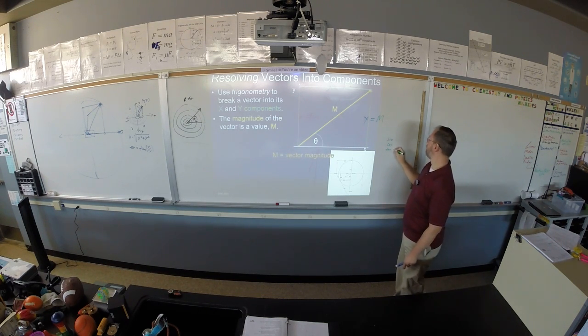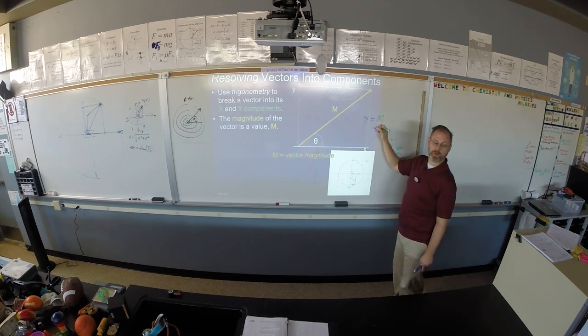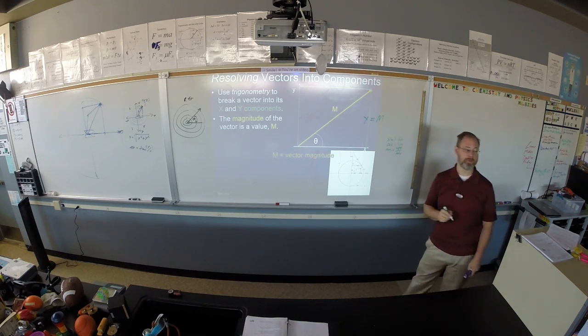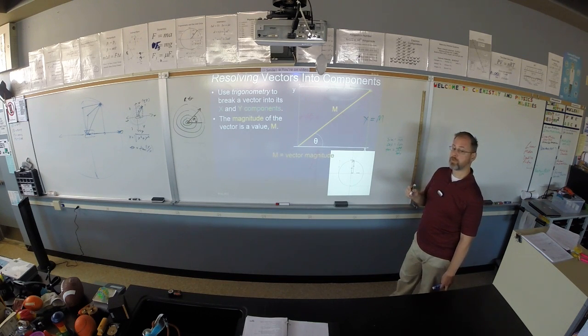Tangent. Tangent is opposite over adjacent. Is m either opposite or adjacent? No, it is a hypotenuse. M is the hypotenuse. So sine is opposite or adjacent? Opposite.